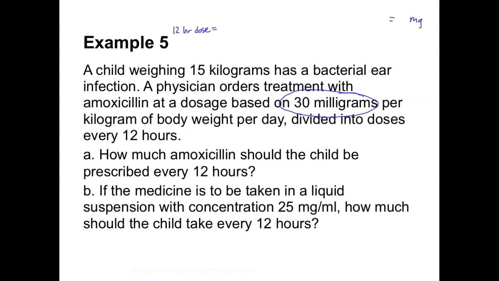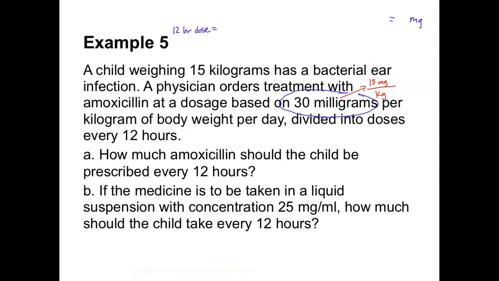They tell us that it should be 30 milligrams per kilogram of body weight per day. But we're only looking for a half-day dose, right? So we're going to divide that by 2. So this indicates 15 milligrams per kilogram per day, or per half day, rather.